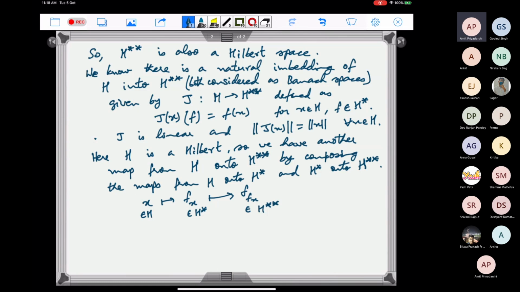Also, we know that both these maps are conjugate linear. So x going to f sub x, this is conjugate linear, this is conjugate linear. This map here is conjugate linear. And this map is again conjugate linear.